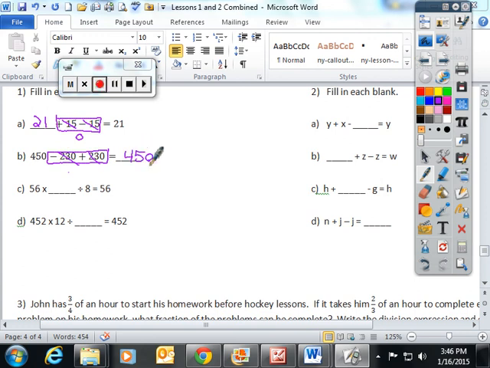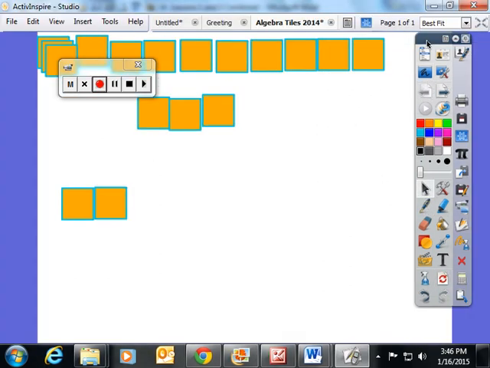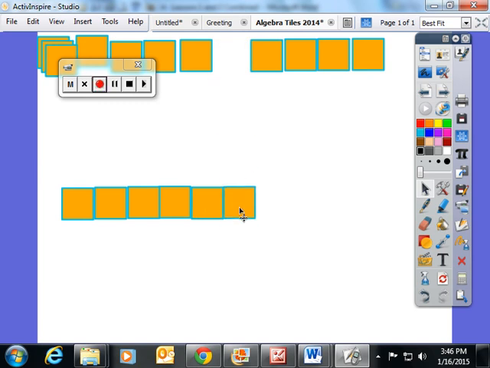We also explored, with the tiles, we did this with drawings, but I can do this with the tiles, the relationship between multiplication and division. So the students were asked to get a certain amount of tiles out. It's easier, I think, to draw this relationship. Let's start with 6 tiles.